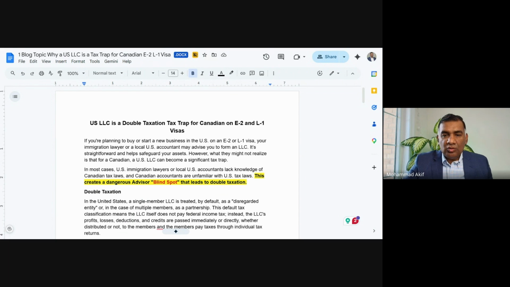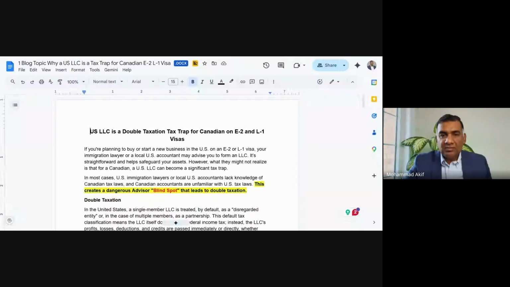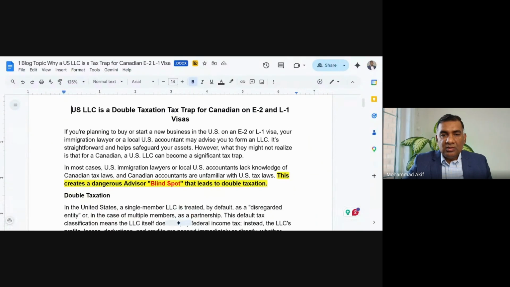All right, so this is the first of the 8 traps that we'll be discussing today. We'll discuss why this is happening, right? And then the solutions to this tax trap. Okay, so let's get into it.